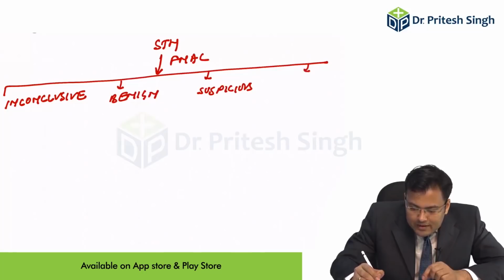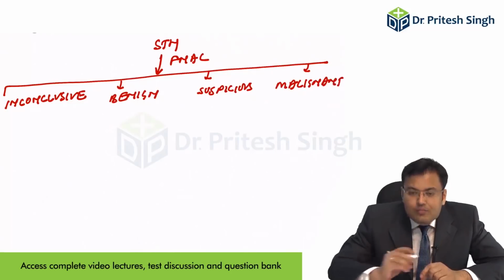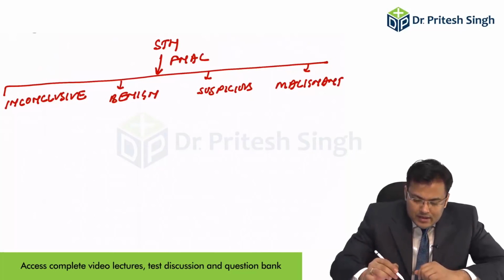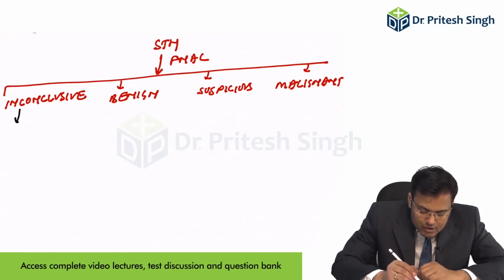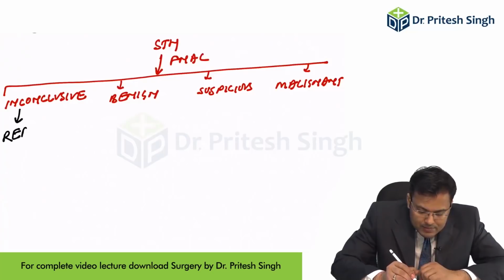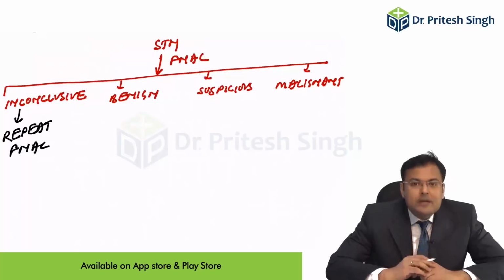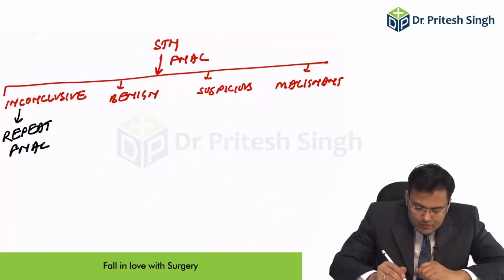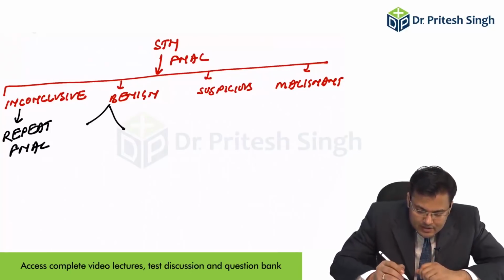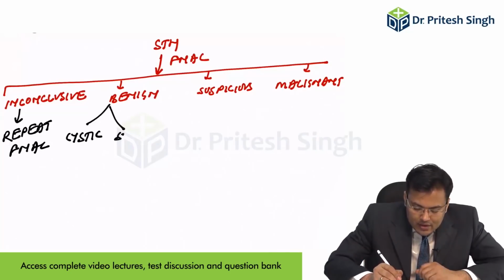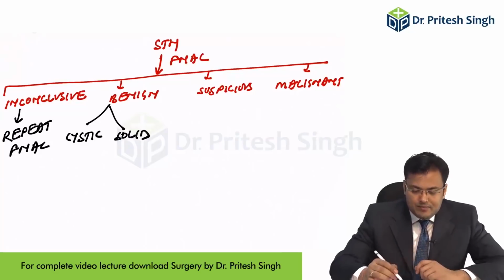And fourth, it is malignant. Only there are 4 possibilities. See, if it is inconclusive, we have to go for what? Repeat FNAC. For benign lesions, there are 2 possibilities, whether there is cystic or there is solid lesion.